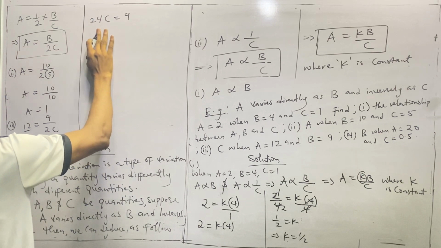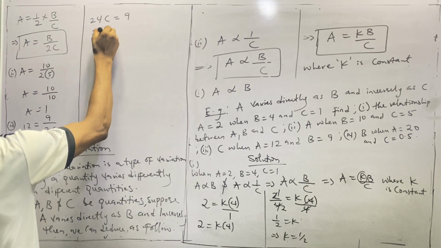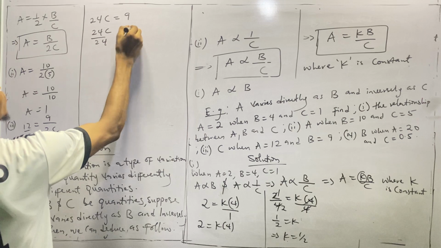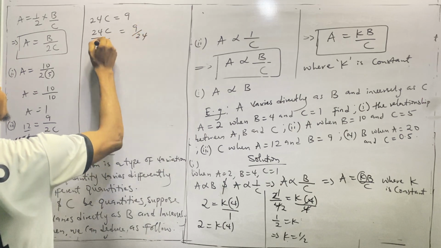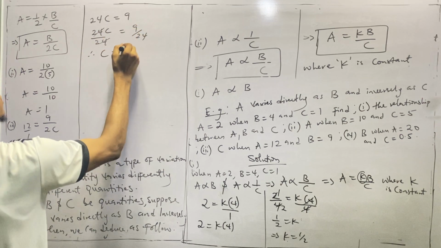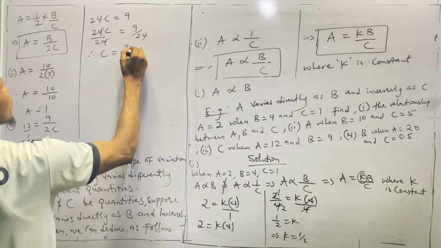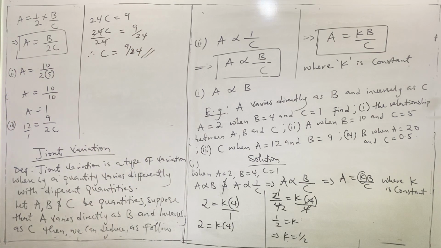So we divide both sides by 24. We have 24C over 24 equals 9 over 24. So this cancels, and therefore C is 9 over 24. That is the value of C.